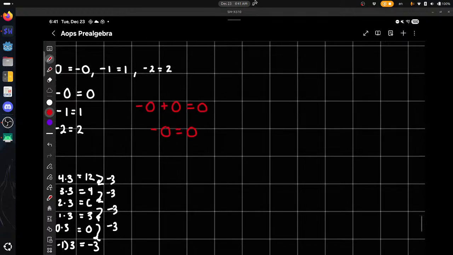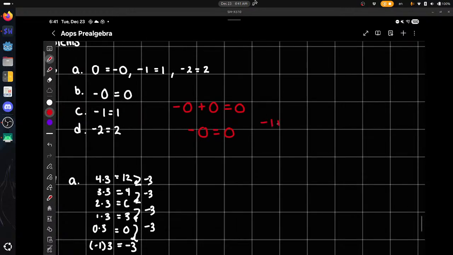Yeah, that makes sense. We know that's true. But we also know, oh, I guess, yeah, this can be broken down further. How did they write it? I'll write it like this.